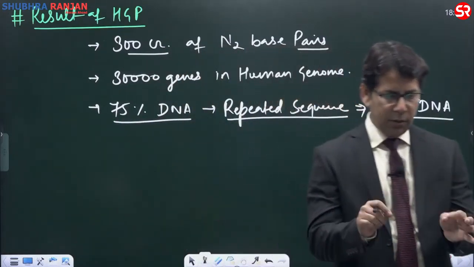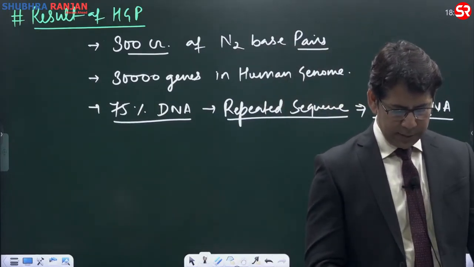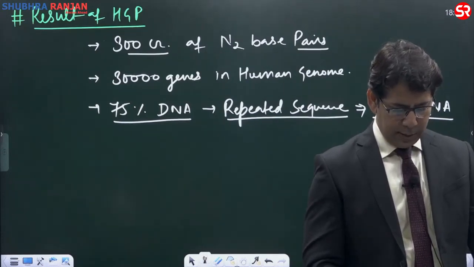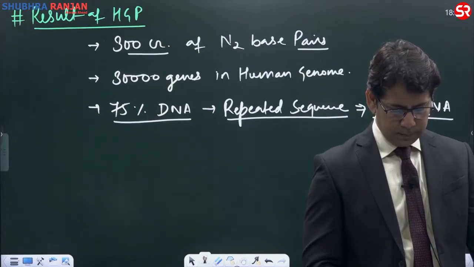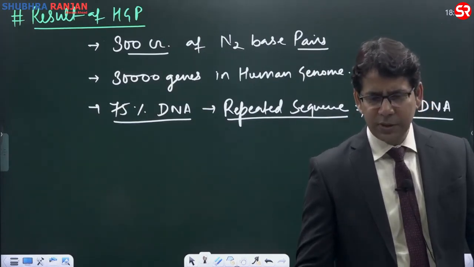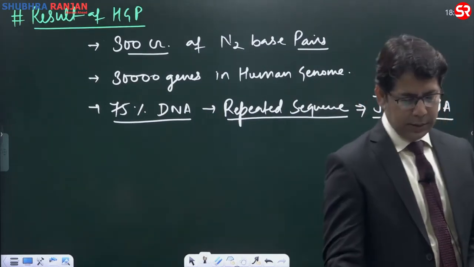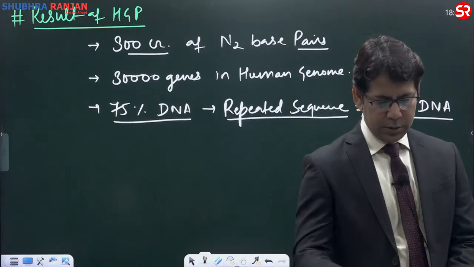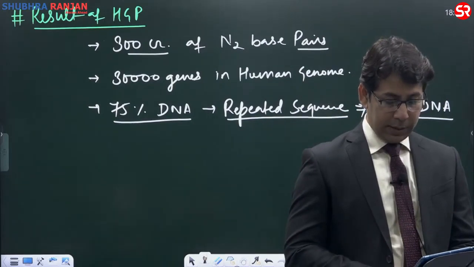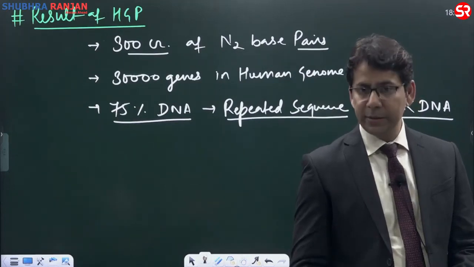The differences among human beings are due to 0.1% dissimilarities. But let me tell you that the 0.1% dissimilarity could be very big, right?